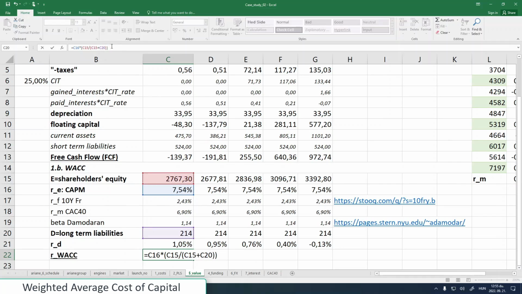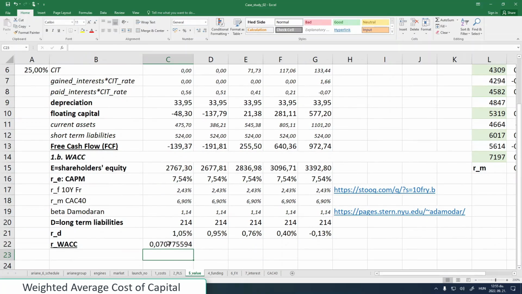And then bracket closes, plus the interest of the debt multiplied with long-term debt divided with shareholders' equity plus long-term debt, and that's all.